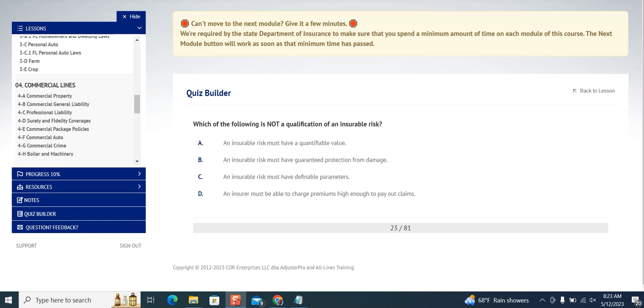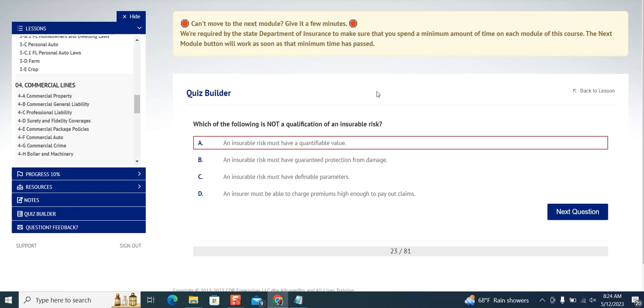Insurable, something that you insure. Okay, if I insure a car, it needs to have a value on it. So we're gonna go with A.